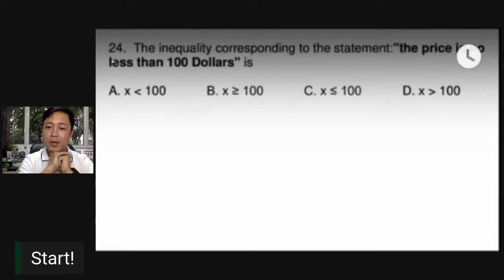Just be careful about the phrase, the price is no less than $100. No less than 100. Okay, once you have your answers, please type your answers in the comment section. This is an easy question, but tricky, so be careful. No less than 100.